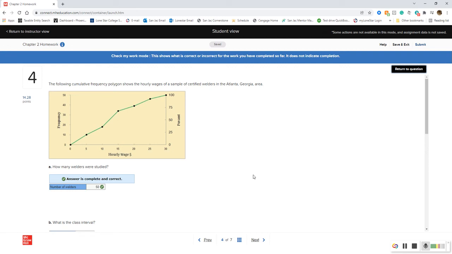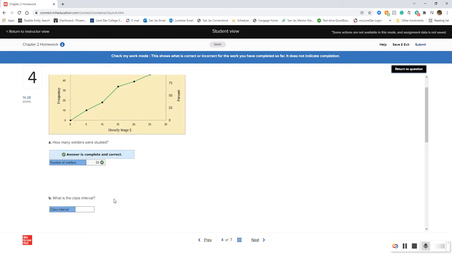Sometimes it takes a little while for the brain to click a little bit, even as professors. Sorry about that. But again, since we're at 100%, that's 50 employees. Then, it's cumulative, which means that's adding up. That is our max. That's how many employees we talk to, is whatever's at the top.